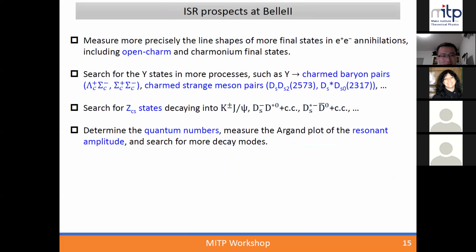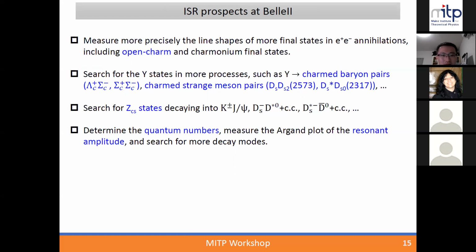Slide number 15 has some prospects at Belle II. So I'd like to measure more precisely the line shapes of more final states in e+e- annihilations, including open-charm and charmonium final states. And we can search for the Y states in more processes, such as the Y decaying to charmed baryon pairs, for example, the Sigma_c pair and the Lambda_c Sigma_c.